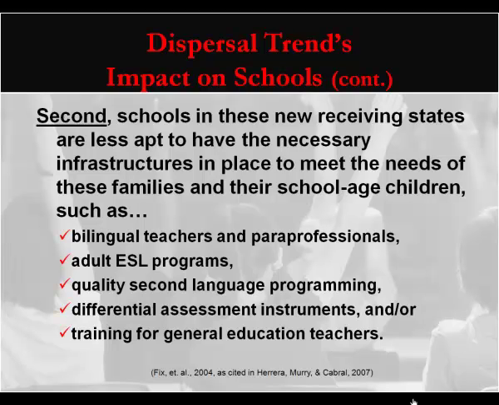Second, schools in these new receiving states are less apt to have the necessary infrastructures in place to meet the needs of these families and their school-age children, such as bilingual teachers and paraprofessionals, adult ESL programs, quality second language programming, differentiated assessment instruments, and/or training for general education teachers.